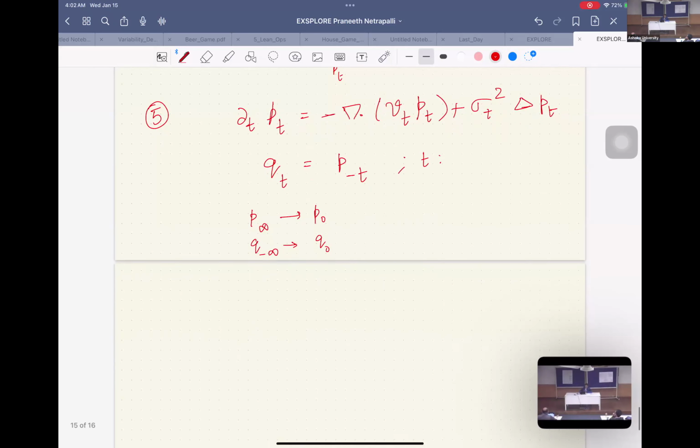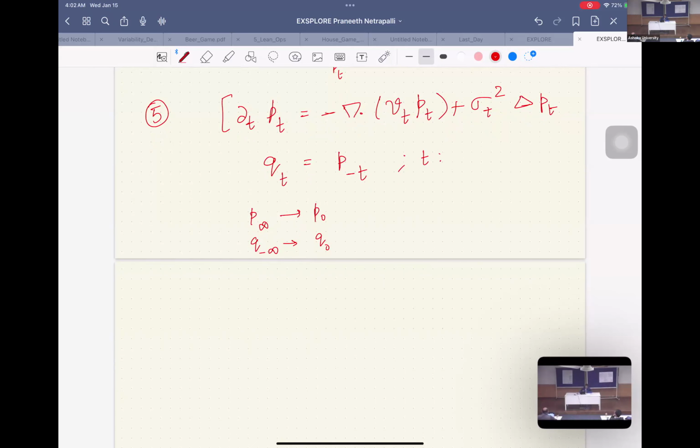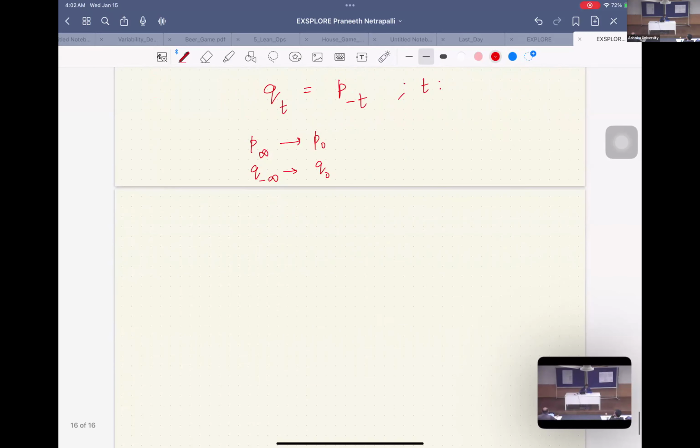So when we have this, what does it correspond to in terms of Qt? And that's the reversal equation.